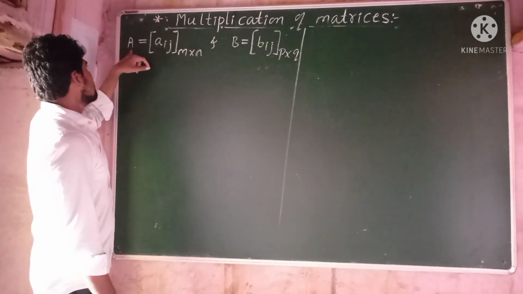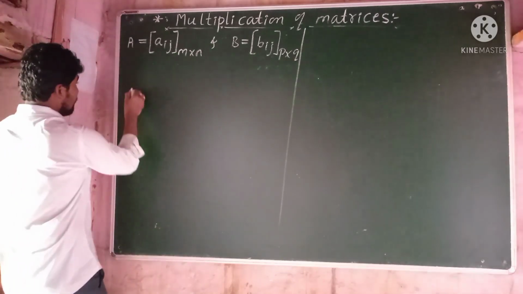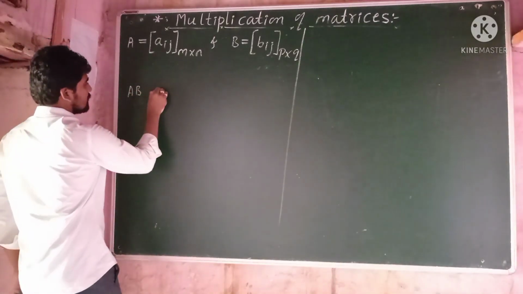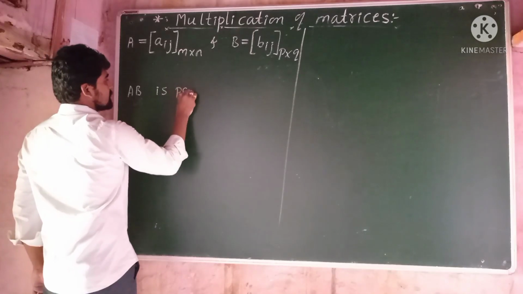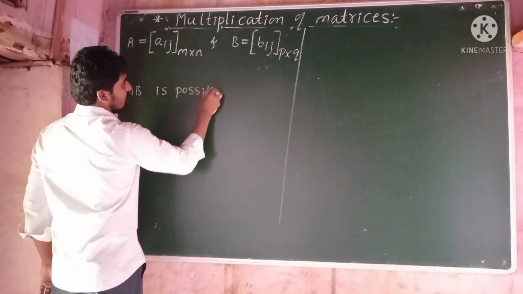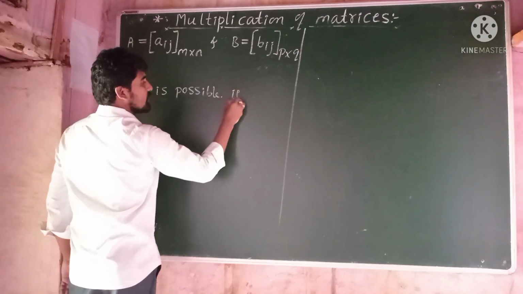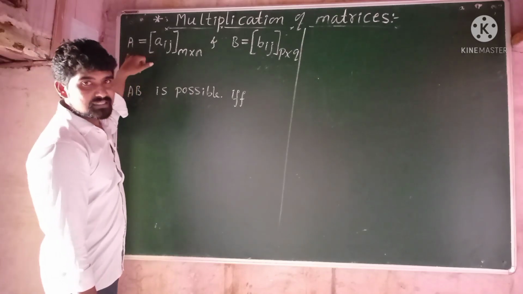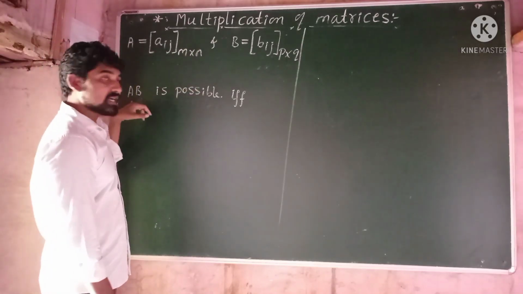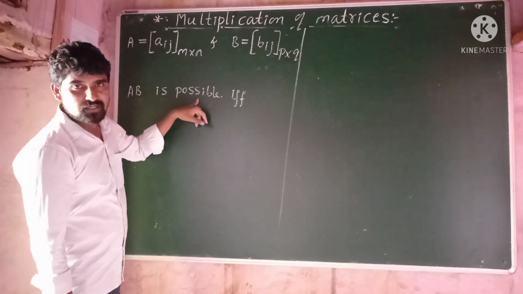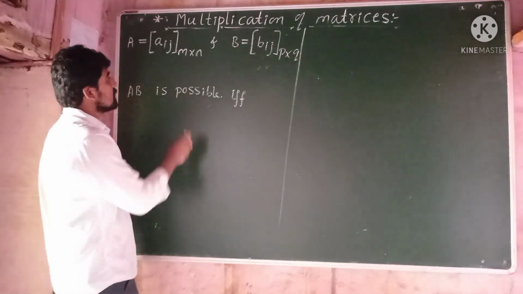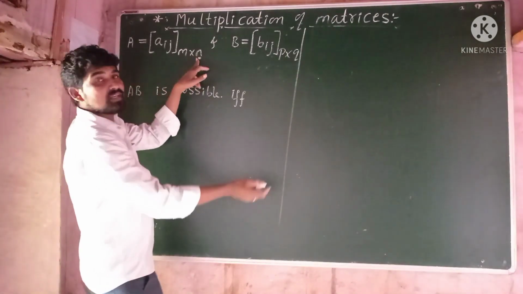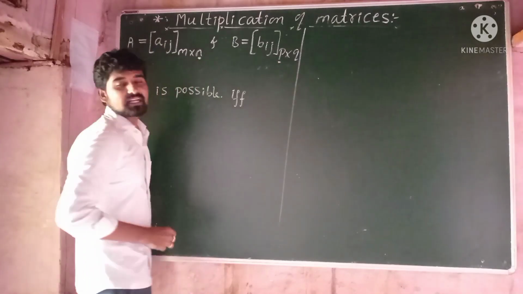The product of the matrices A and B, that is AB matrix, is possible if and only if the number of columns in the first matrix is equal to the number of rows in the second matrix.